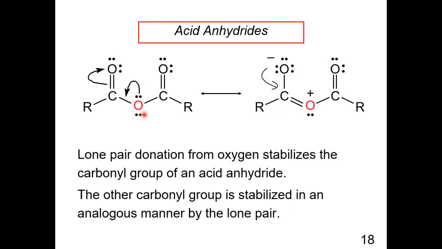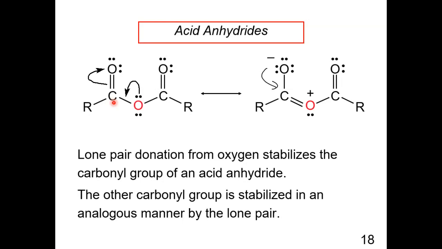Now, just pay attention: the stabilization power, or electron donation power, of this oxygen atom is shared by two carbonyl groups. Both of them want it. As a result, each carbonyl will only get half of its stabilization ability.